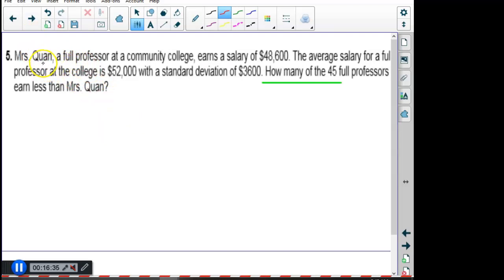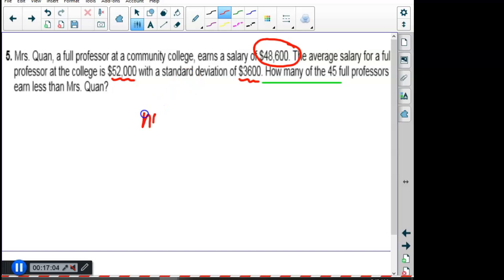Mrs. Kwan, a full professor at a community college, earns a salary of $48,600. The average salary for a full professor is $52,000 with a standard deviation of $3,600. About how many of the 45 full professors earn less than Mrs. Kwan? So we want earn less than this amount, right?